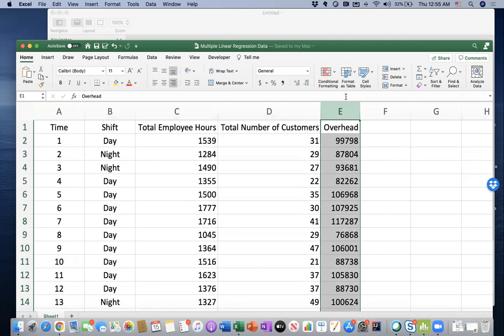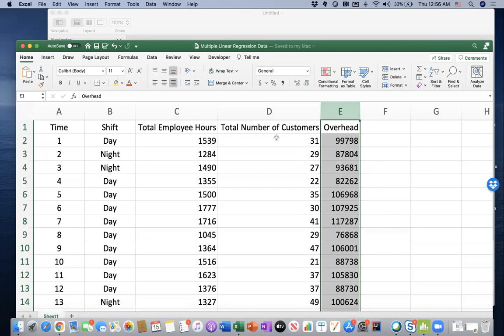So today we're going to take a deeper look into multiple linear regression, and it is going to help us understand how we can predict a response variable. In this example, it is going to be the overhead cost based on our process input variables.